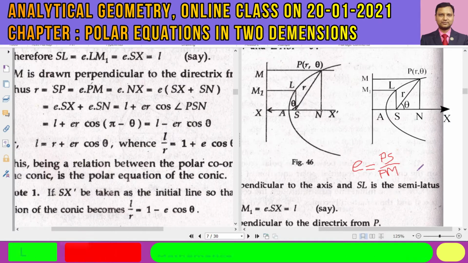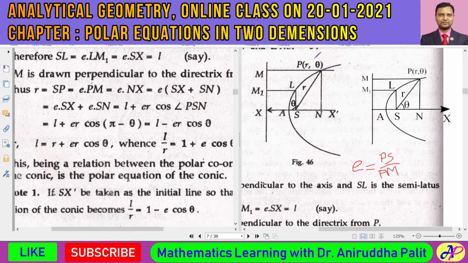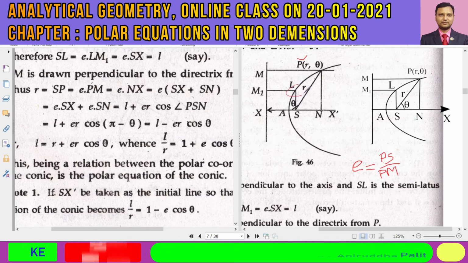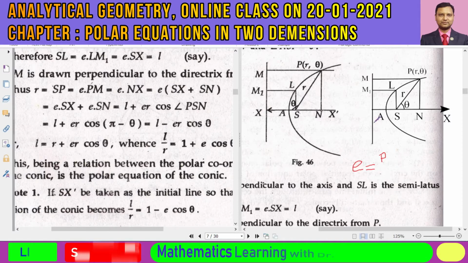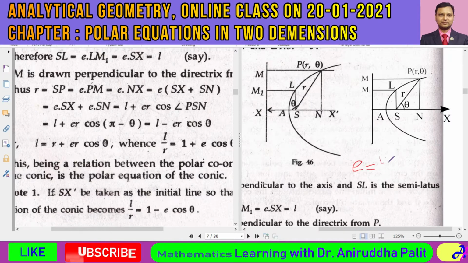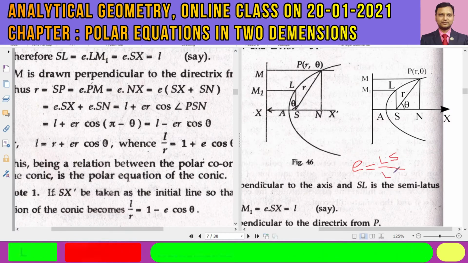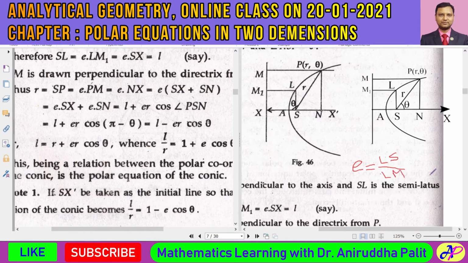Now, suppose this point P coincides with the one end of the latus rectum L. In that case, in place of P, we can write L. And therefore we can say that this eccentricity would be equal to Ls divided by Lm.